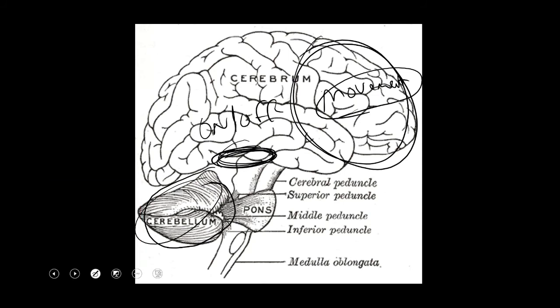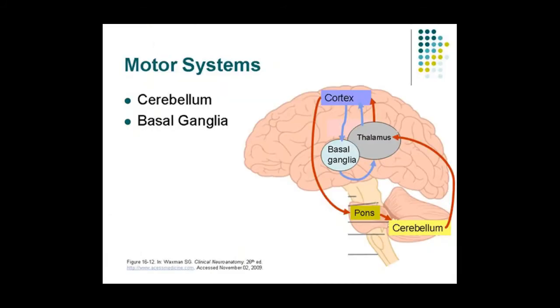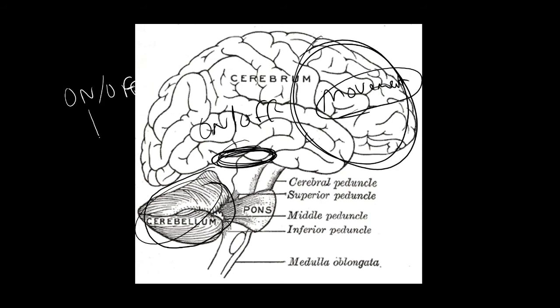The basal ganglia is the on-off switch. If your on switch is not turning on, this looks like things like Parkinson's, which we are going to detail in future videos. If your off switch is not turning off, this looks like things like OCD.